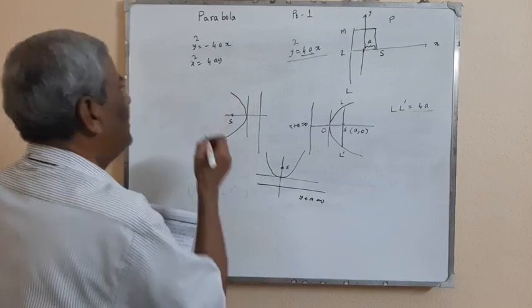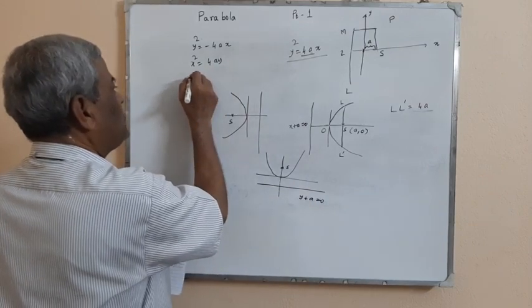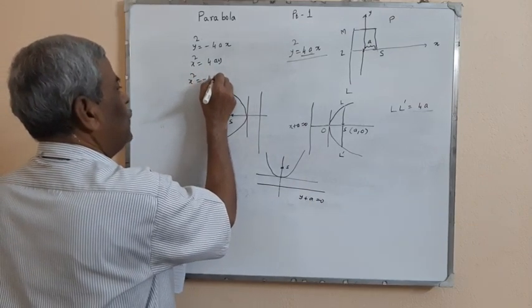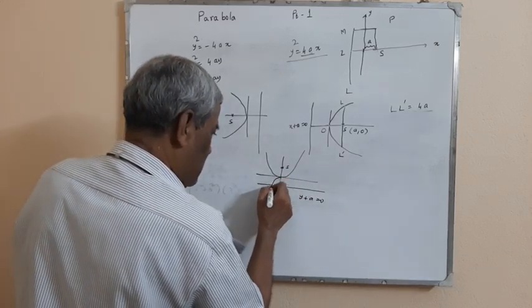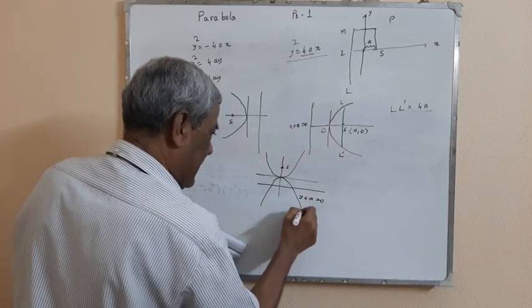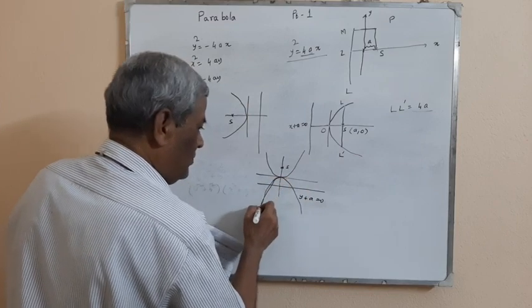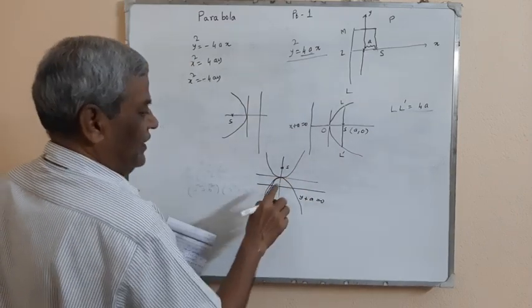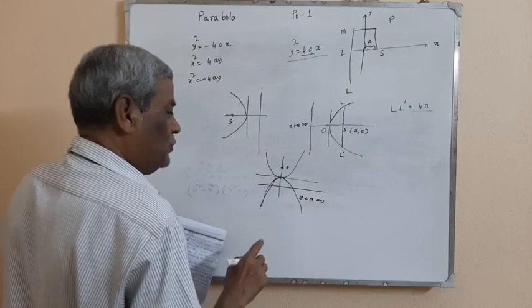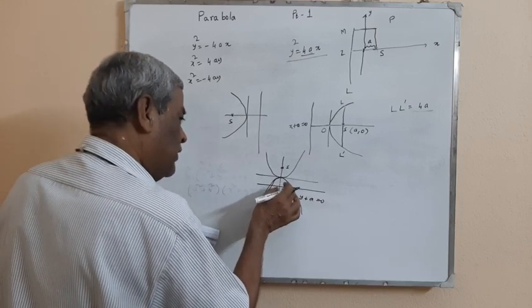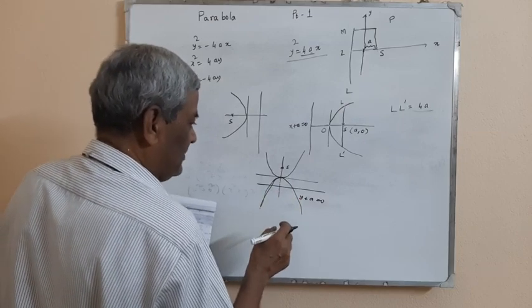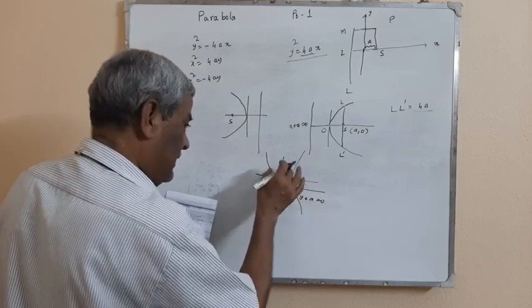And lastly, one more, x square is equal to minus 4ay. Its shape is like that. It lies all along the negative side of the y-axis.